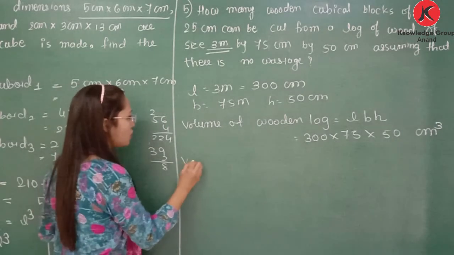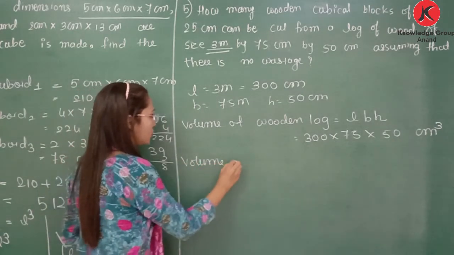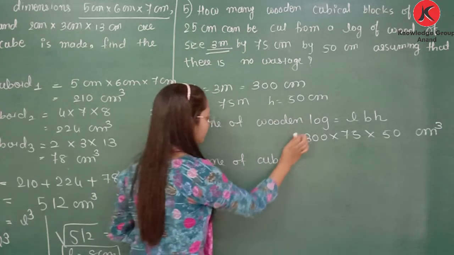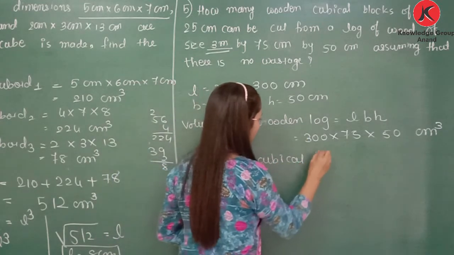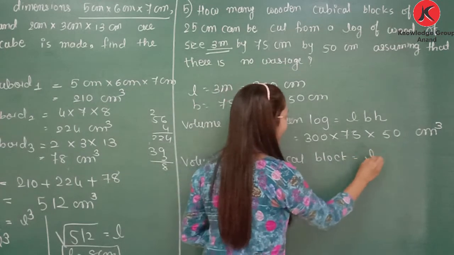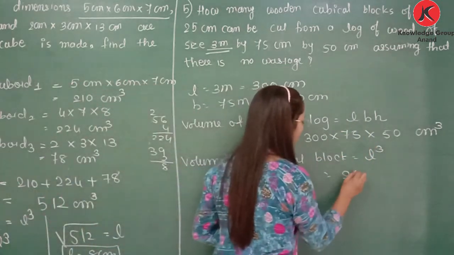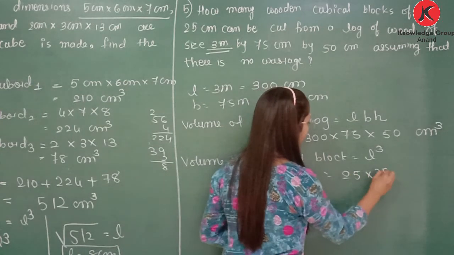Now what is the volume of a cube? That is L cube. Volume of a cubical block will be L cube, but it is of 25 centimeters, so we need to multiply 25 three times, centimeter cube.